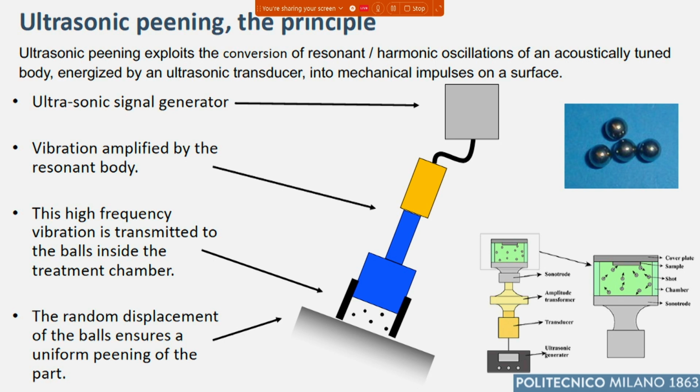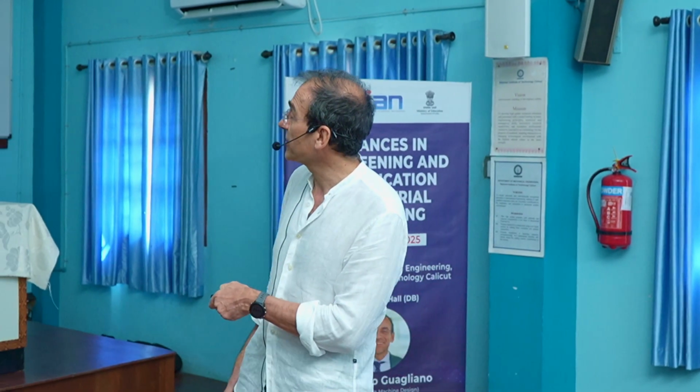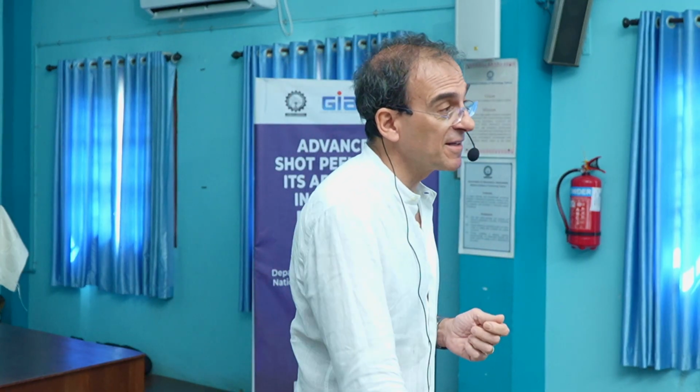By means of these multiple random impacts of the shot on the part, we obtain something similar to shot peening. The shots are different, generally larger, like these ones. By using these different media that you can see here, which are similar to the balls used in bearings, and by means of their larger dimension, we can obtain better surface roughness.